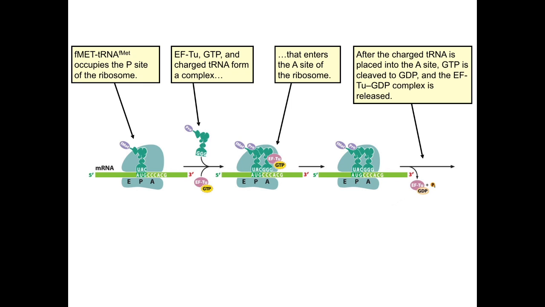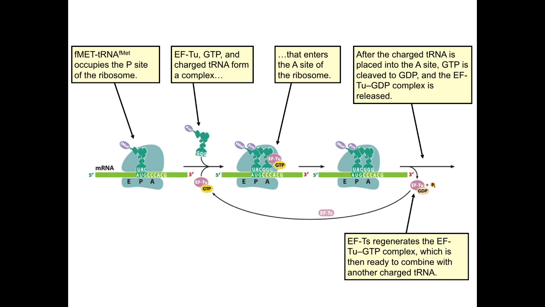After the charged tRNA is placed into the A site, GTP is cleaved to GDP, and the EF2, elongation factor 2, GDP complex is released. Elongation factor TS regenerates the EF2 GTP complex, which is then ready to combine with another charged tRNA.